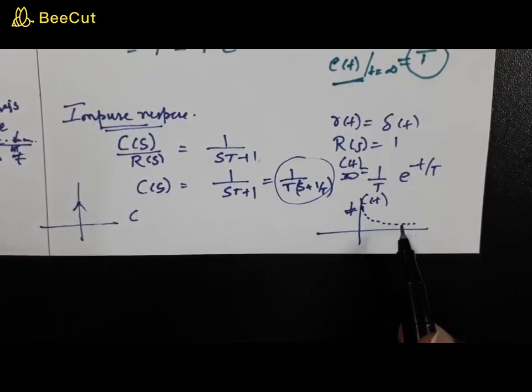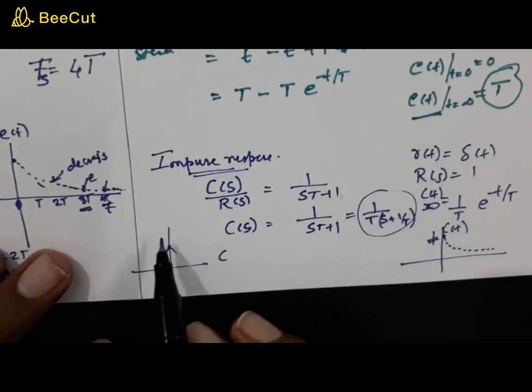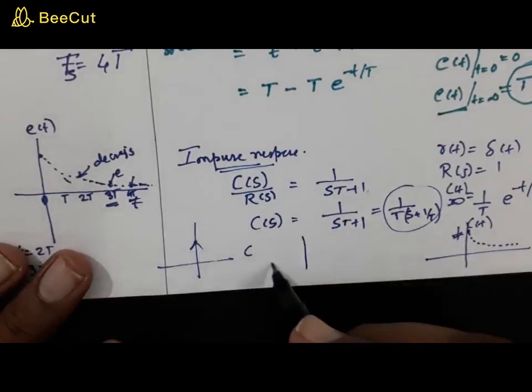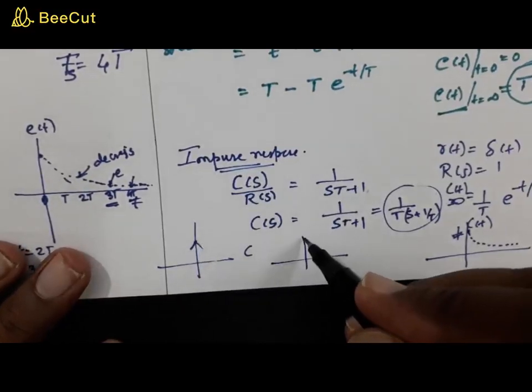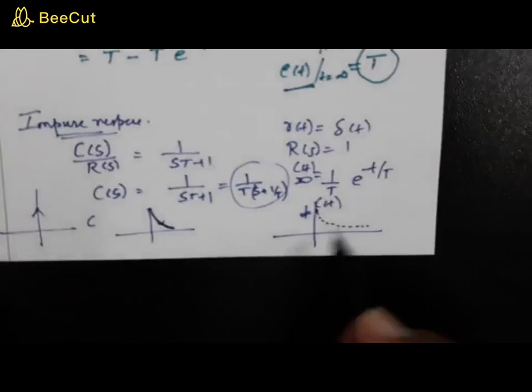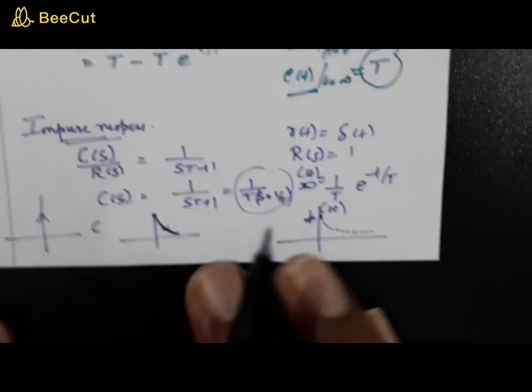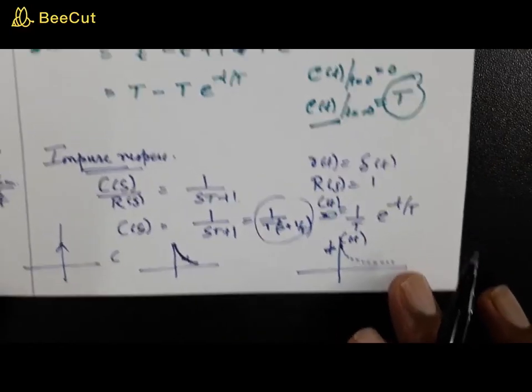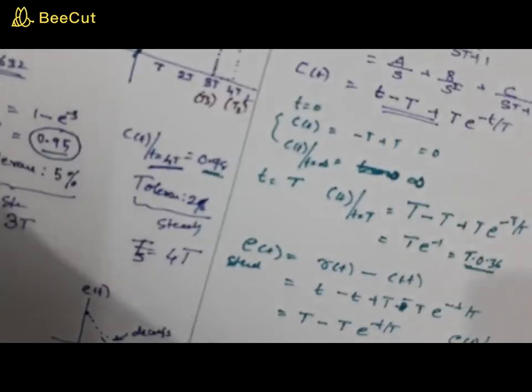So it almost follows a practical impulse signal, even though ideally an impulse signal is drawn like this. I told you when I took the signals and systems course that practically an impulse signal reduces like this. So it has a close proximity to the practical impulse signal. Okay, fine. Hope you understood these responses.